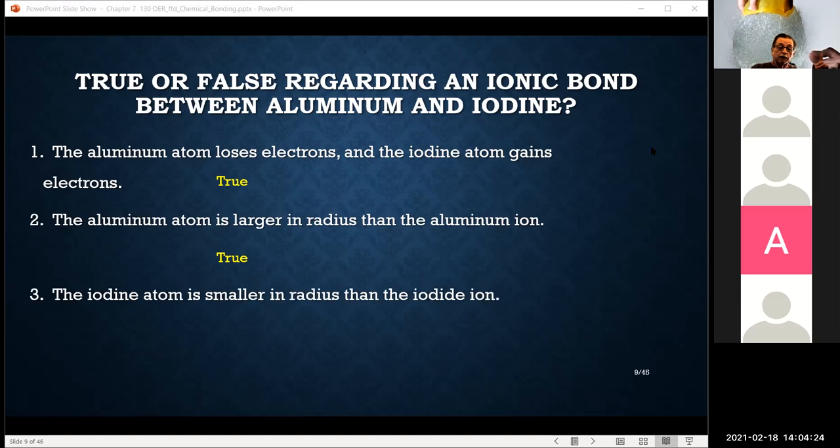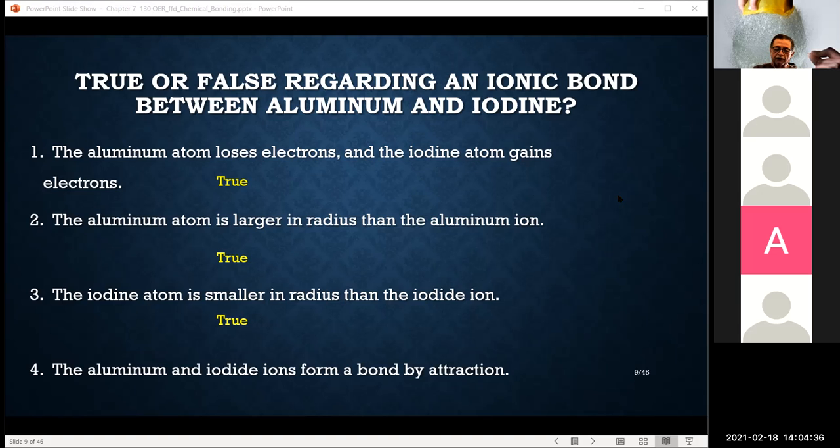The iodine atom is smaller in radius than the iodide ion. Again, that is a true statement, just like we just talked about with the chlorine. And then finally, the aluminum ion and the iodide ion form a bond by attraction. That is a true statement because the aluminum ion is now a +3 and the iodide is a -1. There's 3 of them and they come together by electrostatic attraction.